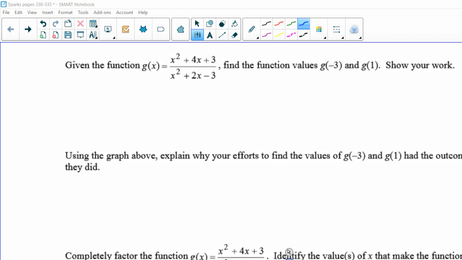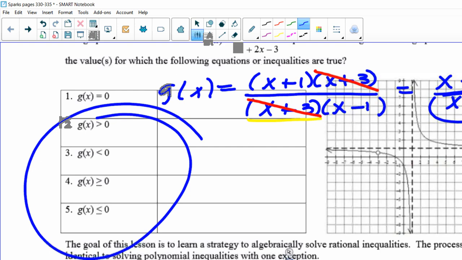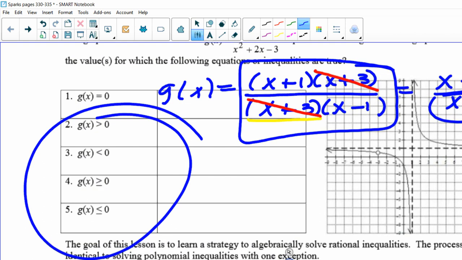Now we're going to go through this one fairly quickly. Given the function g of x, this is the same function that we had graphed. Find out what g of -3 is and what g of 1 is. Here's what I would encourage you: put them right here. We want to find g of -3, right?